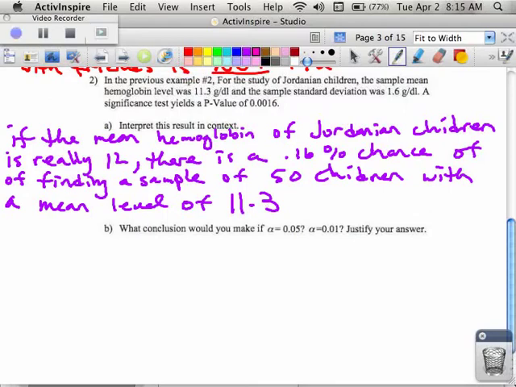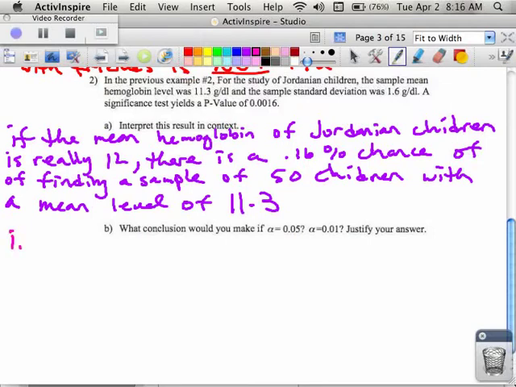So in our second part, they tell us in our conclusion if alpha is 0.05, so here actually they tell us, I guess, in the previous one they didn't. They say, hey, what if our alpha is 0.05 or 0.01? What would you conclude? It actually doesn't matter in either case because our p is less than that alpha.